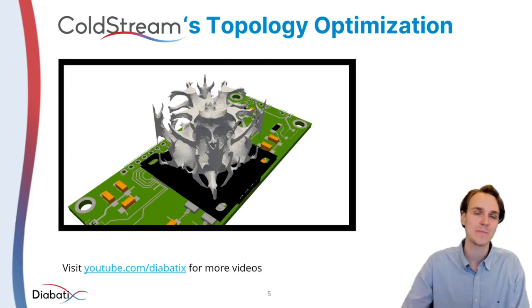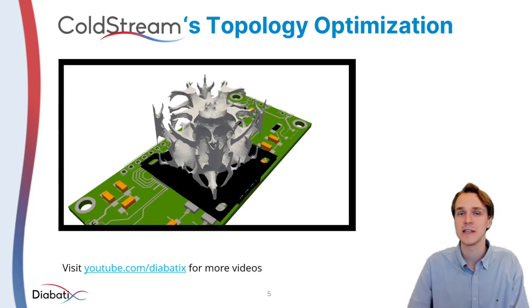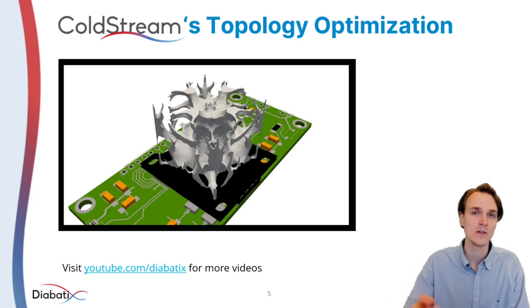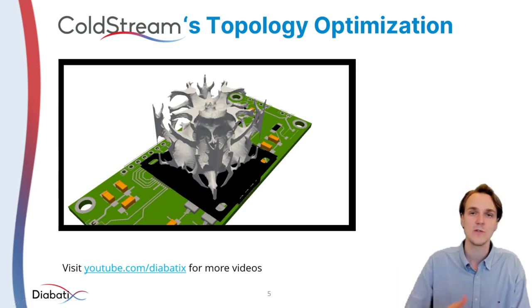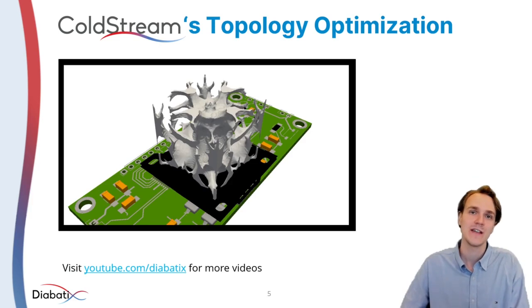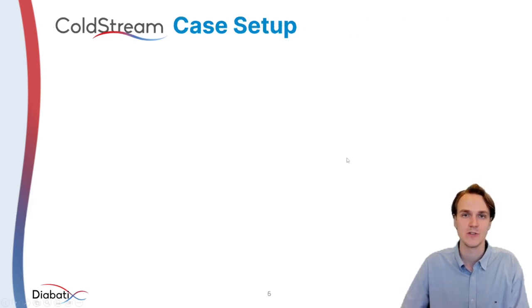ColdStream can adapt to the manufacturing capabilities that you have at your disposal, but also the ones that are simply the most cost-effective ones. If you have a very large volume size of your series production, of course, it doesn't always make sense to 3D print units. So we have a solution for both of those situations.